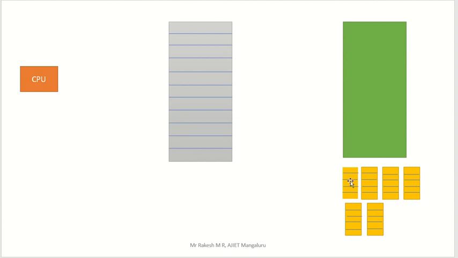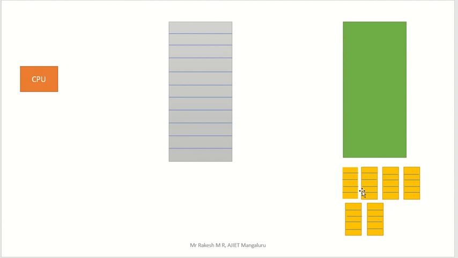In the previous module we divide each process into some blocks. Each block of the process is called a page. So we have a lot of pages. However many blocks you divided that particular process into, that many pages are there.